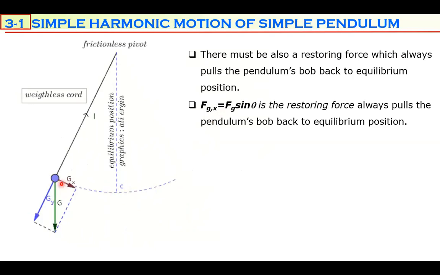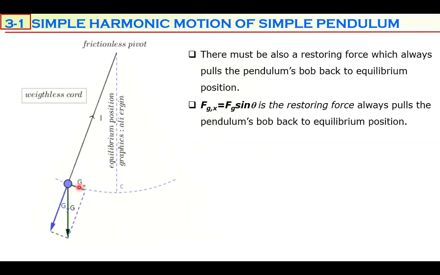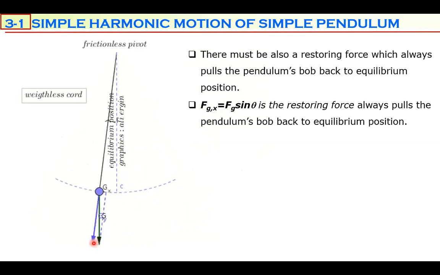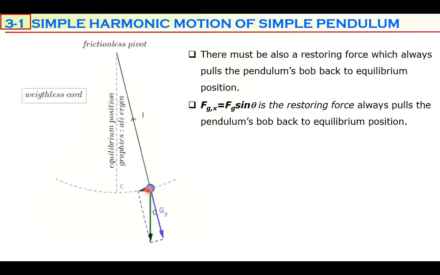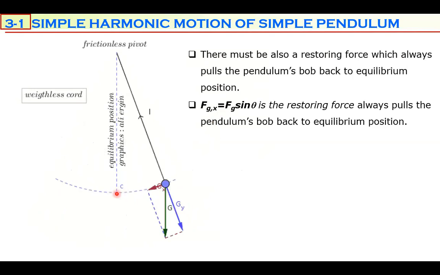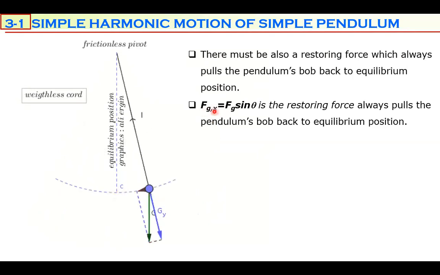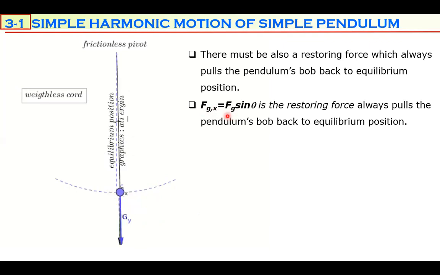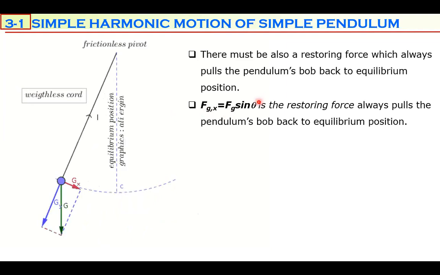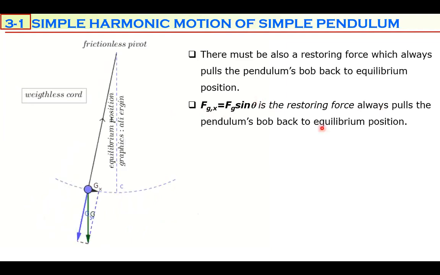So this Gx, the X component of the free fall gravitational force, always pulls the object back to this equilibrium position. So we calculate Fgx by Fg times sine theta. This Fg times sine theta is the restoring force, which always pulls the pendulum's bob back to this equilibrium position.